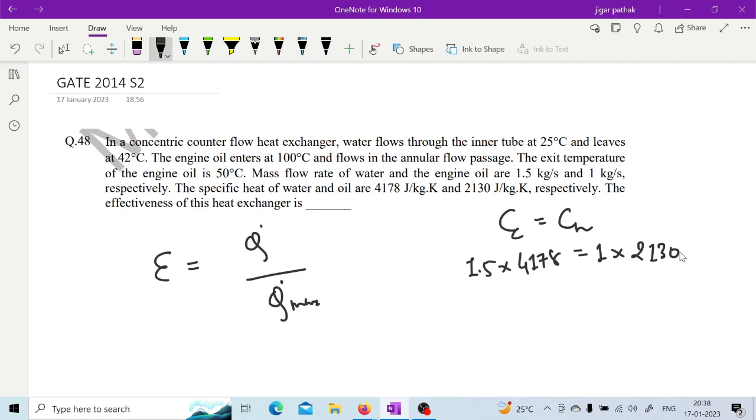So I guess C min is this one, where Cc is not equal to Ch. Sir, is the answer 2 by 3? Yeah, correct.